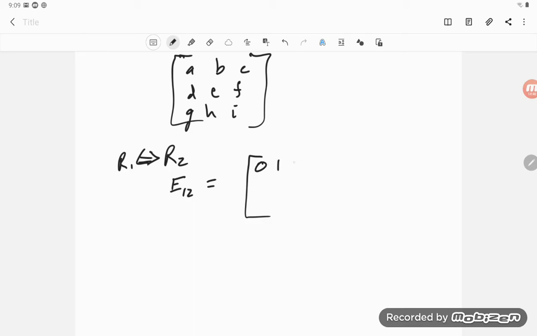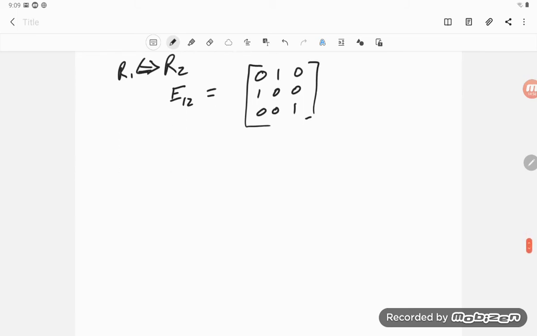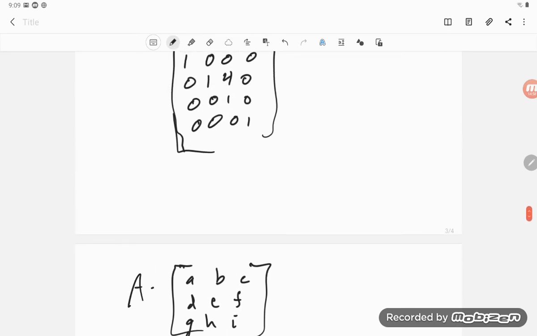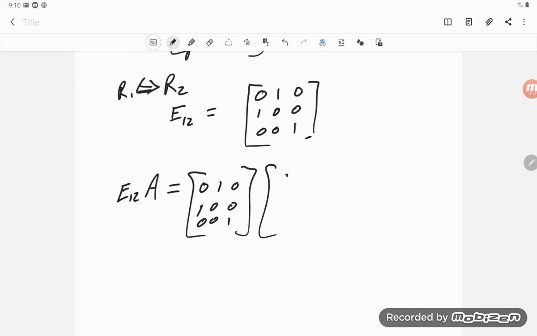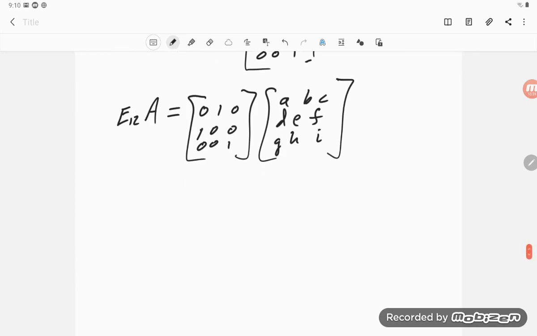So we have 0, 1, 0, 1, 0, 0, 0, 0, 1. And now what we do is we multiply our matrix A. So I take E12 on the left multiplied by A, and so that is 0, 1, 0, 1, 0, 0, 0, 0, 1 times A, B, C, D, E, F, G, H, I. And notice, this first row, what happens is I get 0 times the first row of the first column, and then 1 times the second row, and then 0 times the third row as I do that dot product.